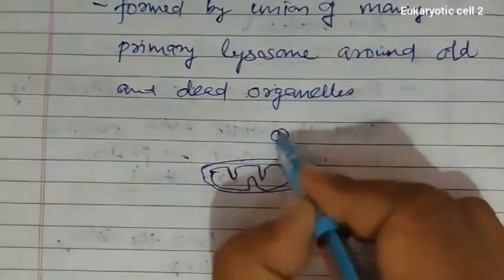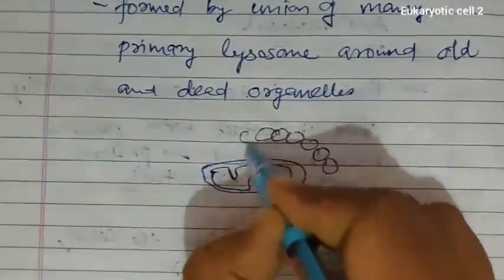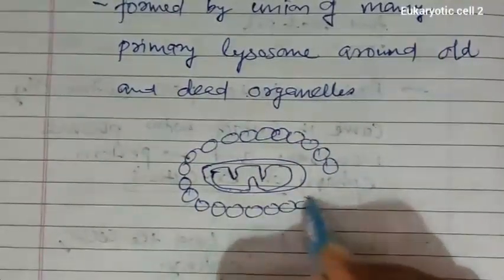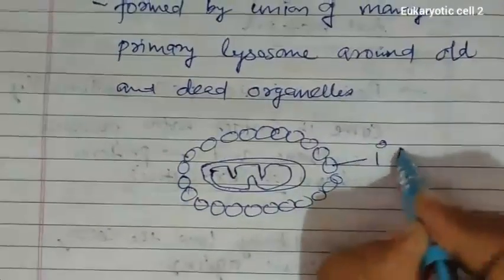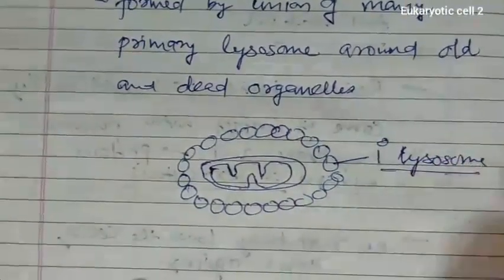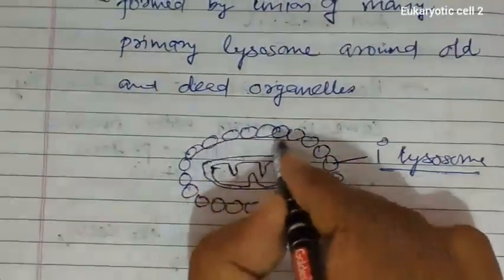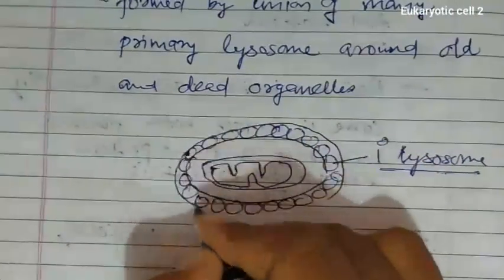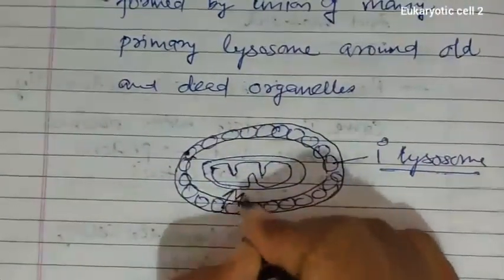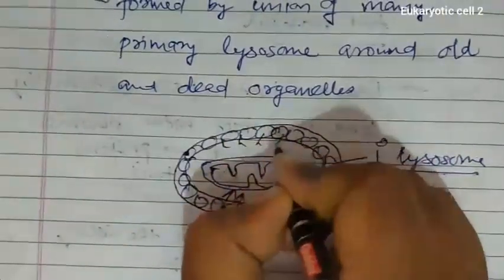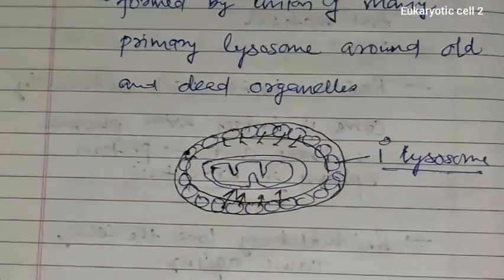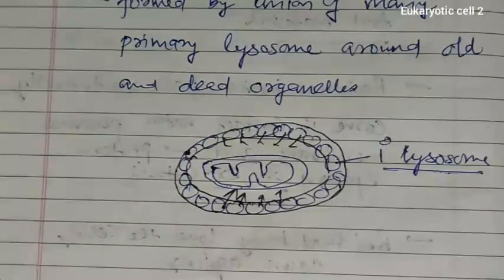So the primary lysosomes will accumulate around this, and they will join with each other, and after joining they form a vesicular membrane, and then they will release all the enzymes inside, and these enzymes will digest this particular dead component. So they surround it with a vacuolar membrane and digest it.